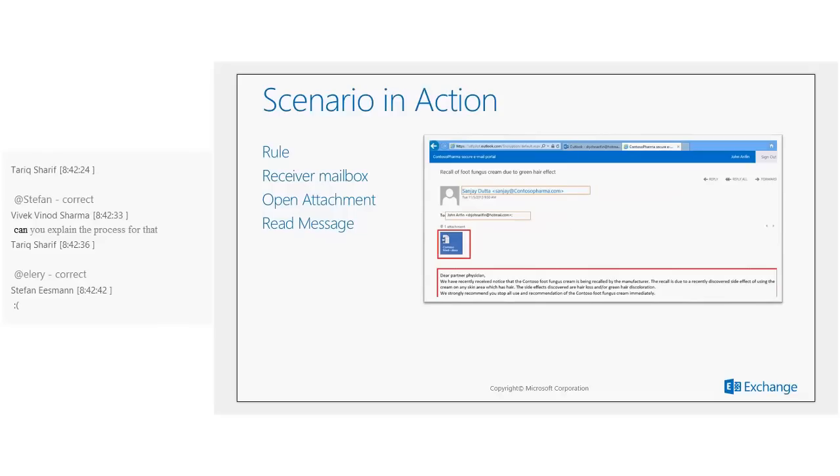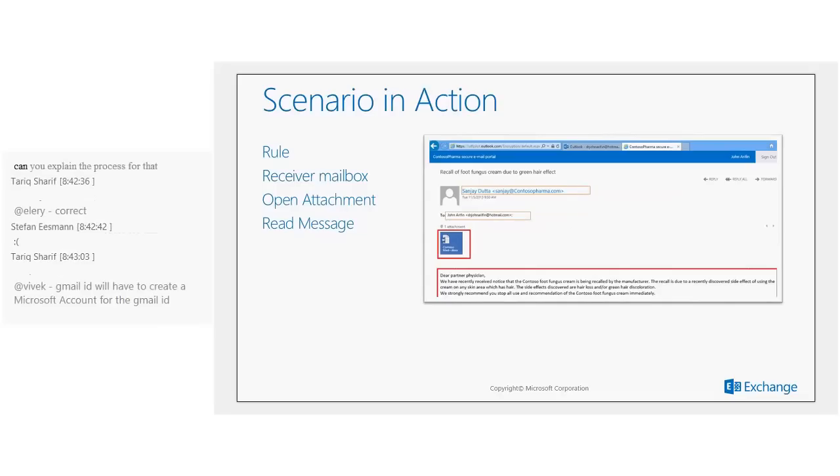Now, let's say he's logging in for the first time, and this address happens to be a yahoo.com address. In that case, we would ask you to create a Microsoft account using your yahoo.com email address. And that's a very easy step. We will also be publishing some documentation around it. There's already some documentation on what a Microsoft account is that you can refer to.